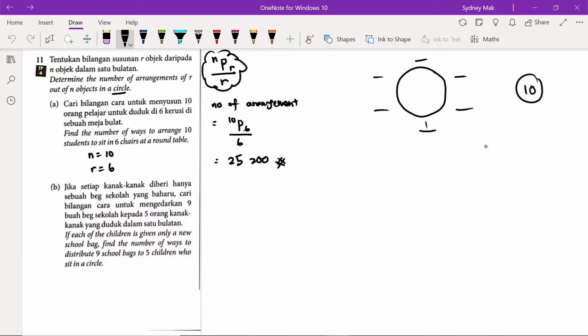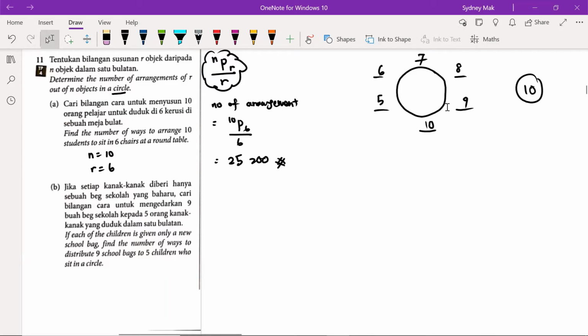Therefore, for the first empty seat, let's just put 10 because we have 10 students to choose from, and then 9 students for the second seat, followed by 8, 7, 6, and 5.